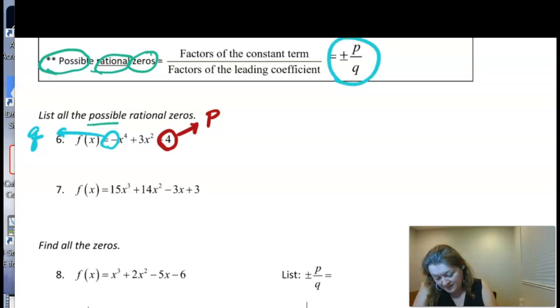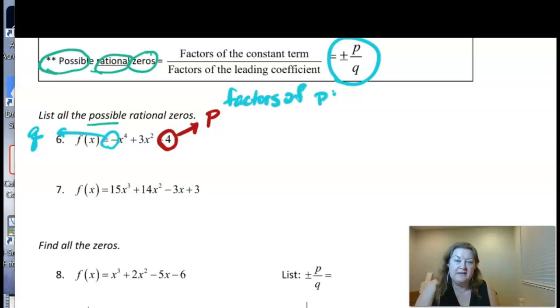Okay, so here's the way we do that. We start out with p, and we write out all the factors of p. So all the ways we can multiply to get a 4, and we're using integers, right? Don't worry about fractions so much right now. Just give me all the numbers that multiply to make 4. Well, there's 1 and 4, or there's 2 and 2, right? So I'm going to write those all out. I'm going to do them in order. So I'm going to get a 1, a 2, and a 4, right?